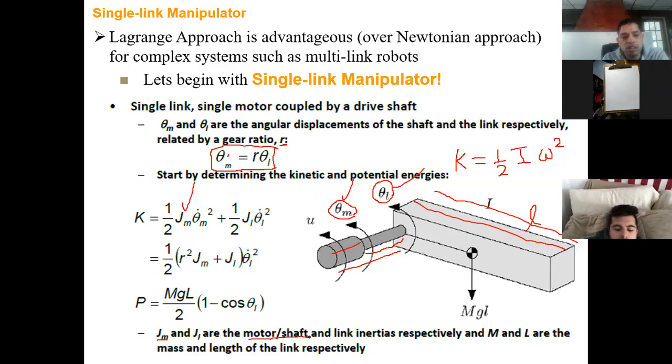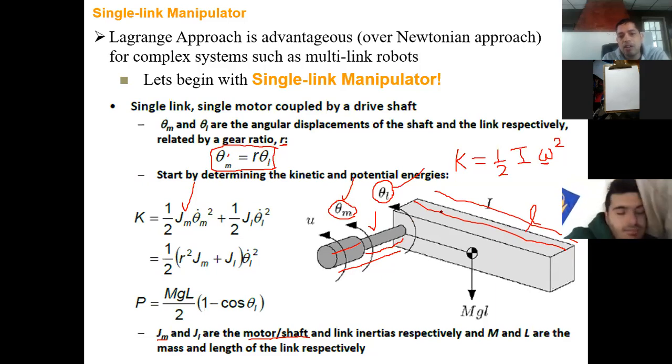Then the angular velocity of the motor and shaft is theta M dot, squared, the angular velocity squared, which is omega squared. So this part is done.